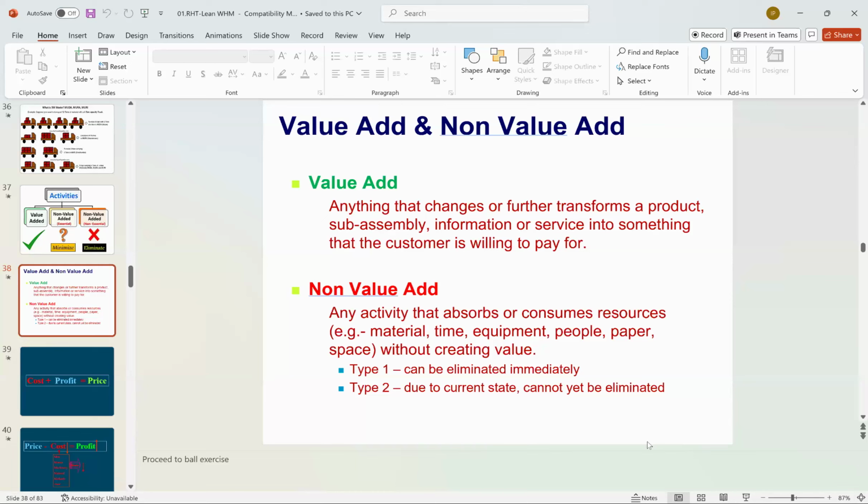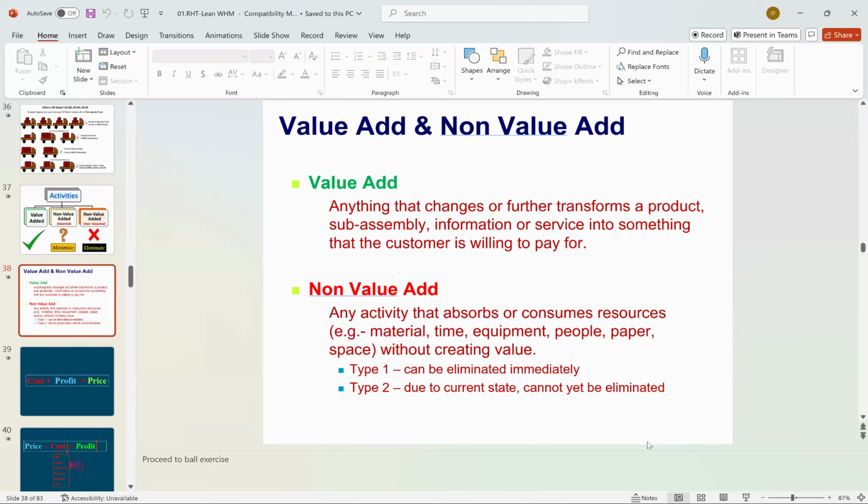So then you understand value added activities and non-value added activities. With value added activities, you are consuming resources, space and time, but something new is created. But with non-value added activities, there is an issue: you don't create any value. How do you identify those processes?